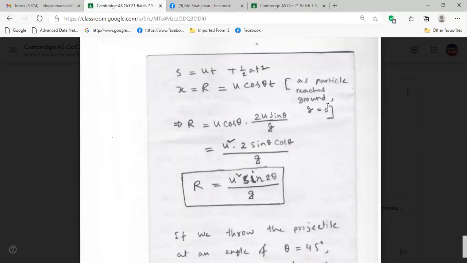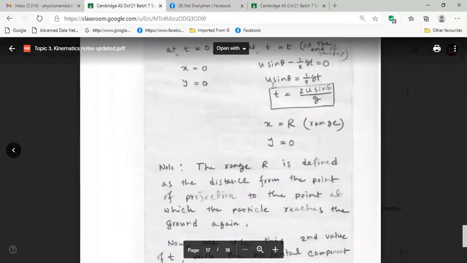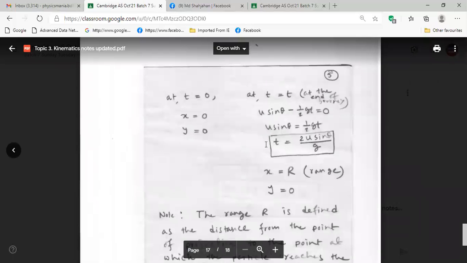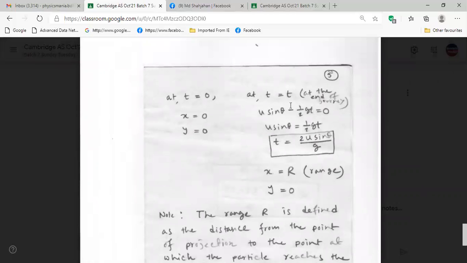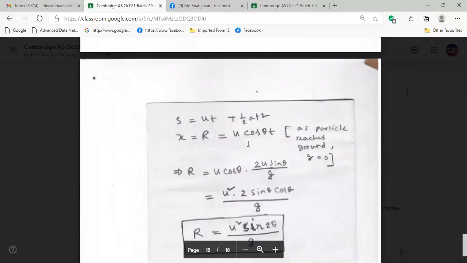And now r equals u cos theta. We had this in this equation, and after that we have t, right? This t you got here by working, after time t, we have this t relationship, 2u sin theta by g. Is it clear? Yes, sir.